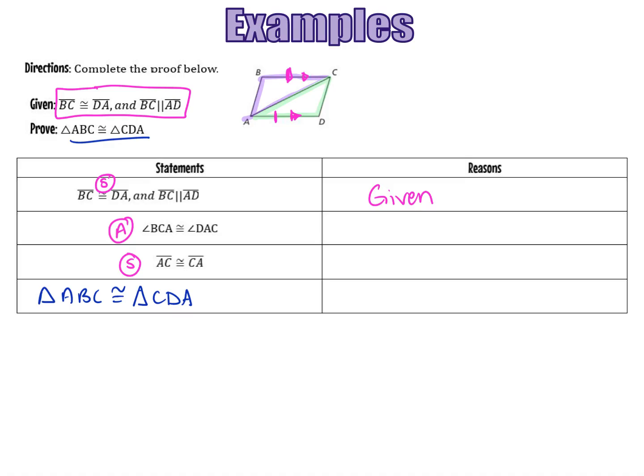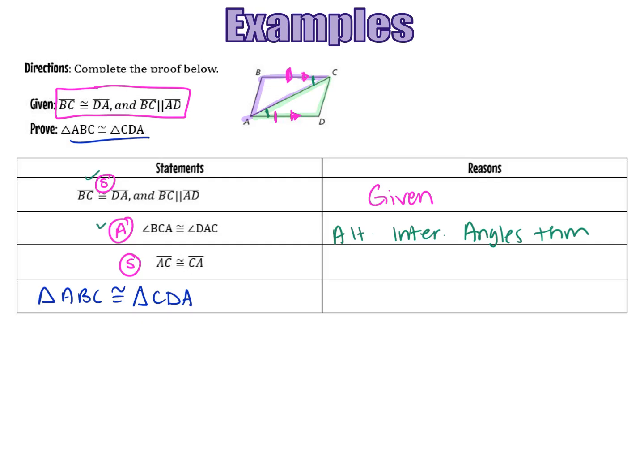So looking at the second statement, angle BCA, this angle, is going to be congruent to angle DAC, this angle, because those are alternate interior angles. The alternate interior angles theorem says if two parallel lines are cut by a transversal, then the alternate interior angles are congruent. So I have my first side, I have my angle.